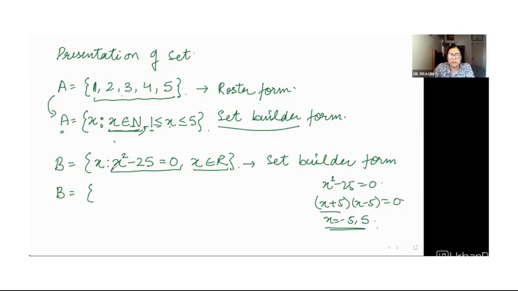This is a quadratic equation, so we will have two roots here. Now this was the set builder form, the property or the link between the elements. When we write it in roster form, we write it as negative 5 and positive 5. So this is the corresponding roster form of the set B.